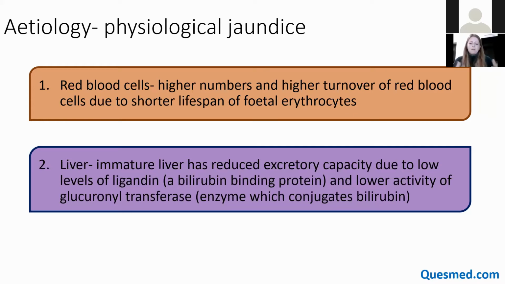Initially after birth, there's a period where the baby is building up its stores of ligandin and glucuronyl transferase, and it becomes a little overwhelmed with the extra bilirubin created by the turnover of these red blood cells. So you've got excess product and the production line's a bit slower, so you end up with a backlog, and that's when babies can become jaundiced.